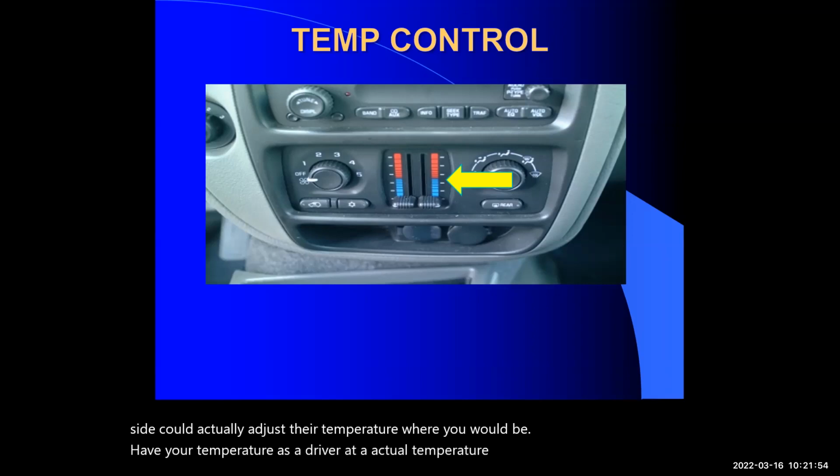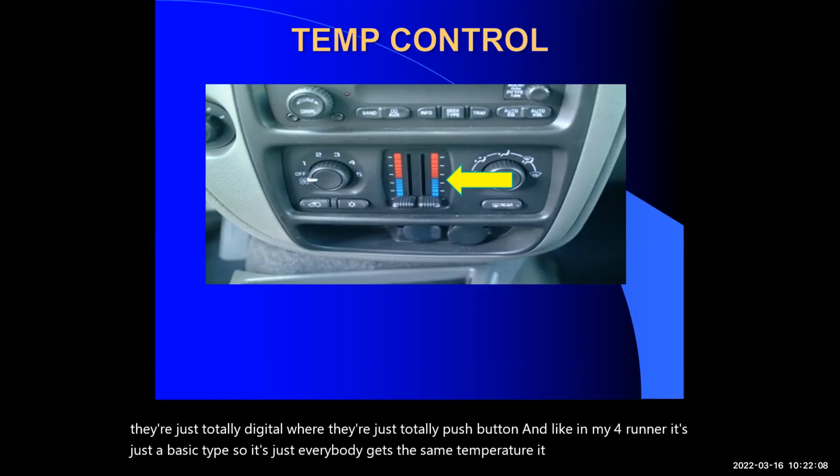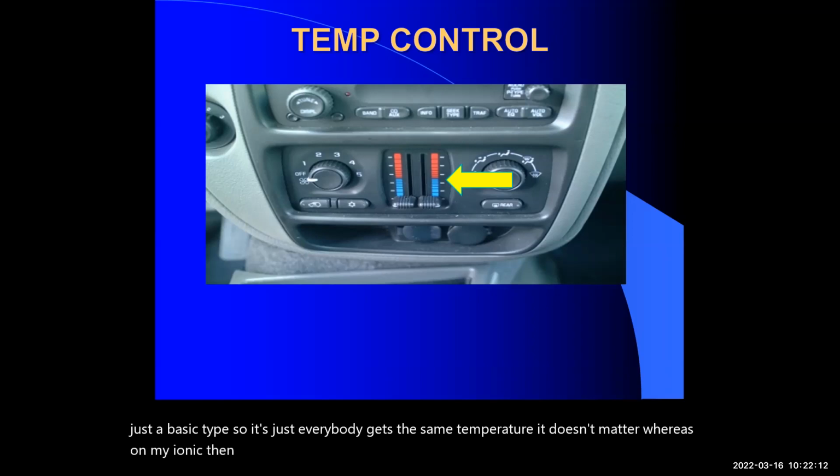And you can get to where they're totally digital, total push button. In my Forerunner, it's just a basic type, so everybody gets the same temperature, it doesn't matter. Whereas on my Ioniq, I can push a button and it just directs towards me and eliminates the passenger side.